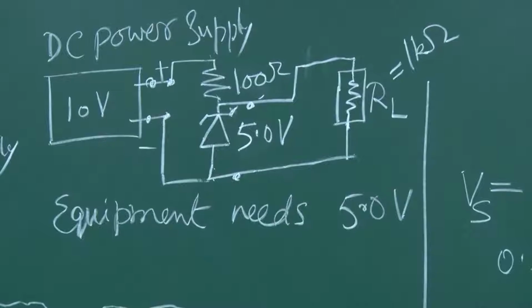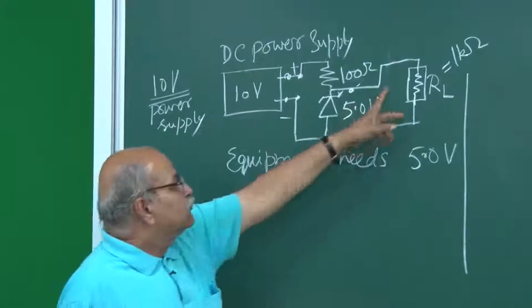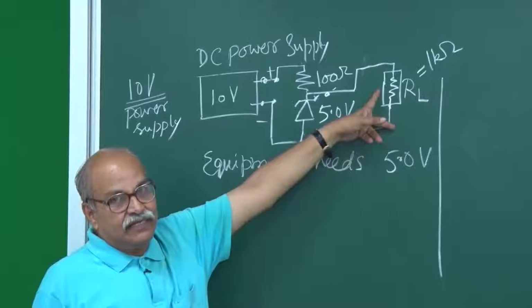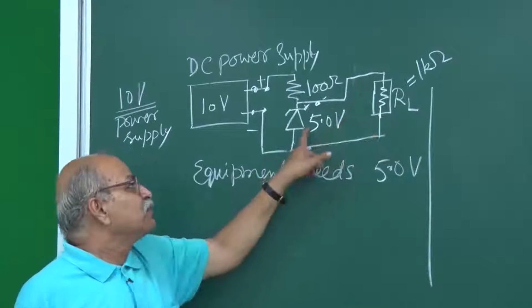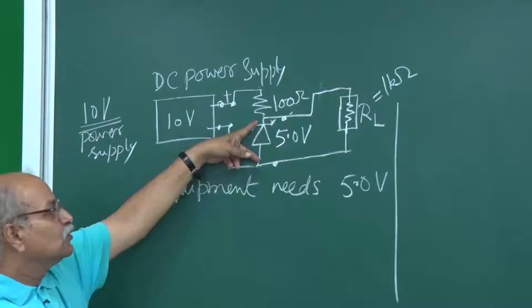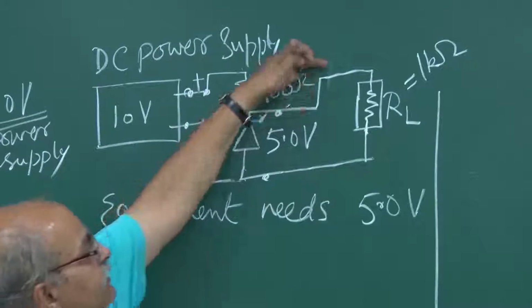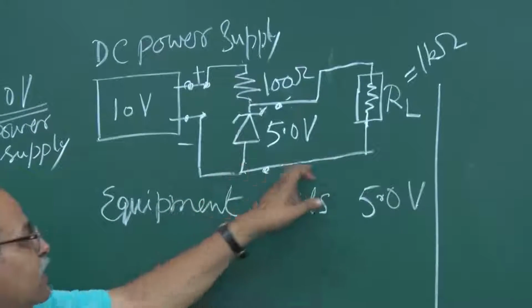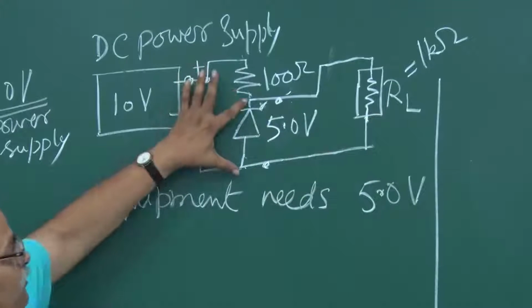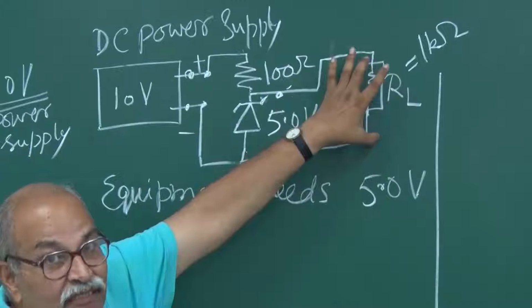Now see what happens. Analyze this circuit. The voltage on this RL is 5.0 volts because it is directly connected to this Zener. So this point is directly connected here, and this point directly connected here. So this 5.0 volt must appear here. So it will be there.